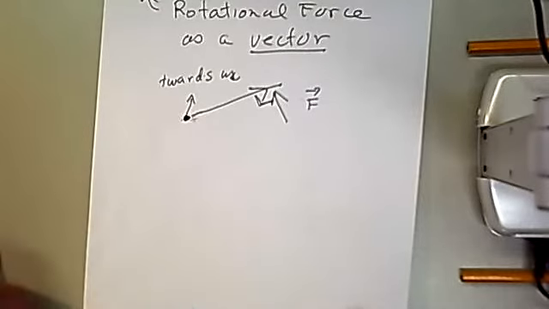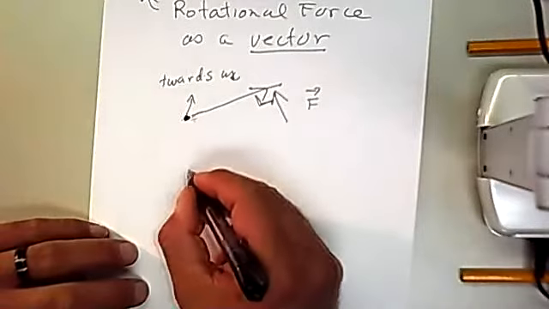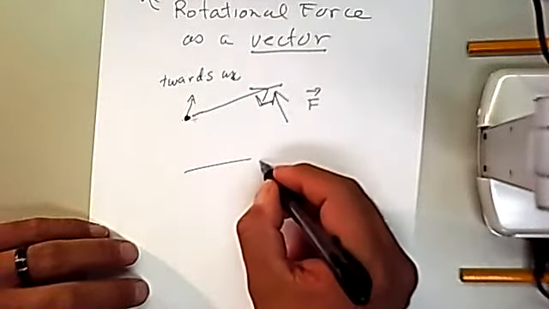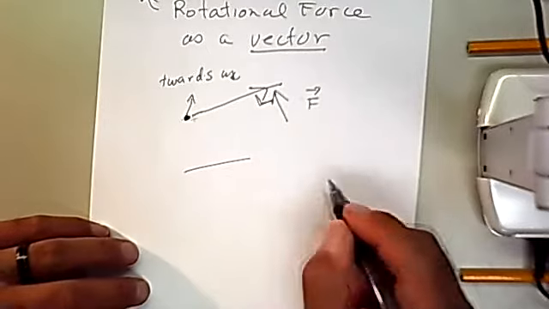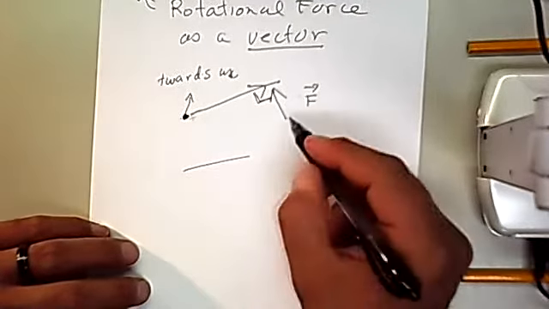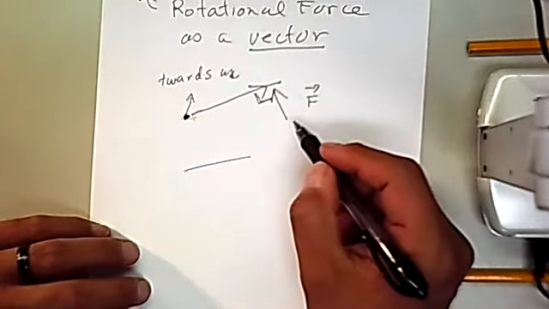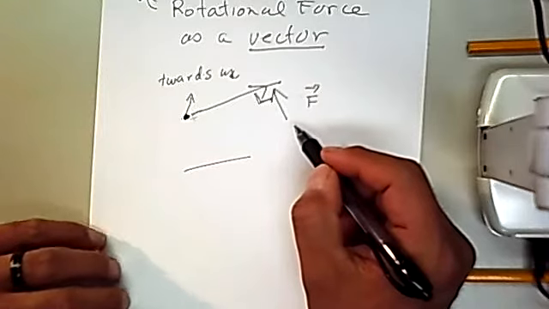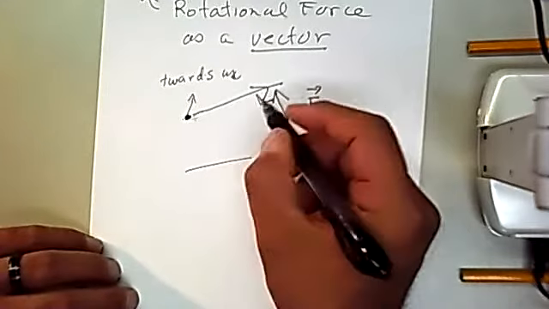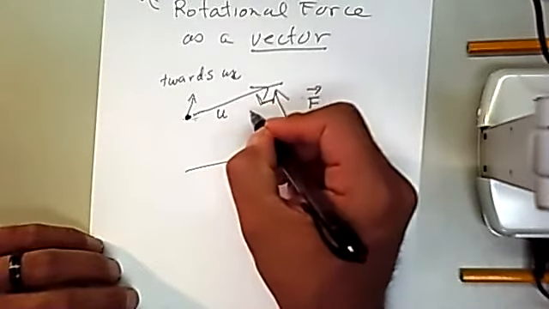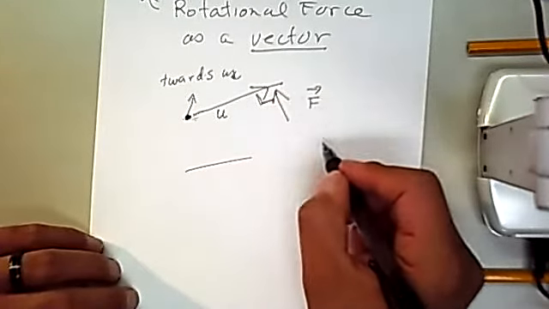I'm pausing for a moment because I want to make sure that the multiplication of the vectors is correct. Let's say this is u, the vector u, and this is the force.